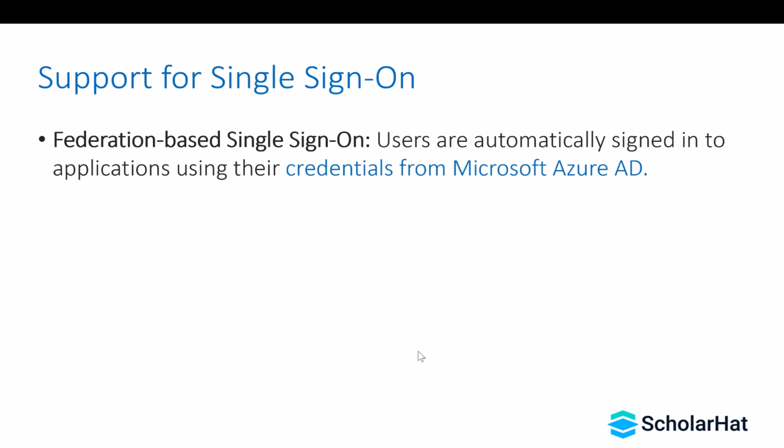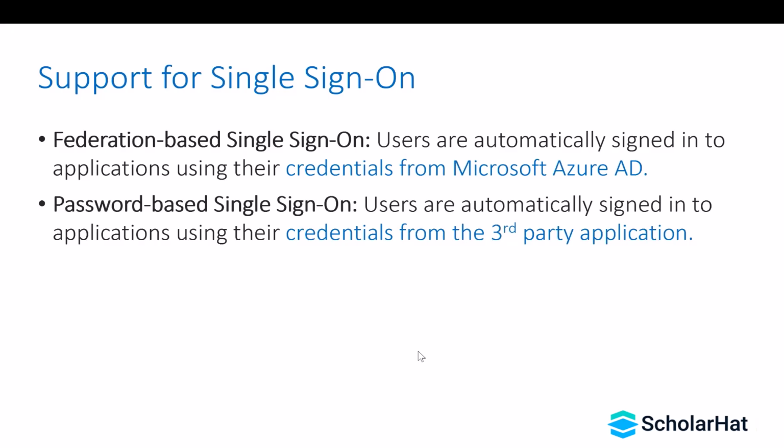The other option is password based single sign-on functionality. So users are automatically signed into the application using their credentials from a third-party application. The third-party application can be Facebook, Google, or any other application. So these are the two styles in which single sign-on functionality can be implemented by Microsoft Azure AD.